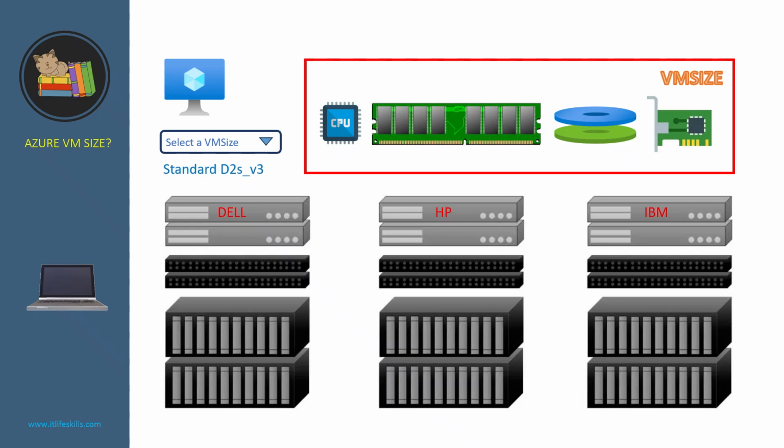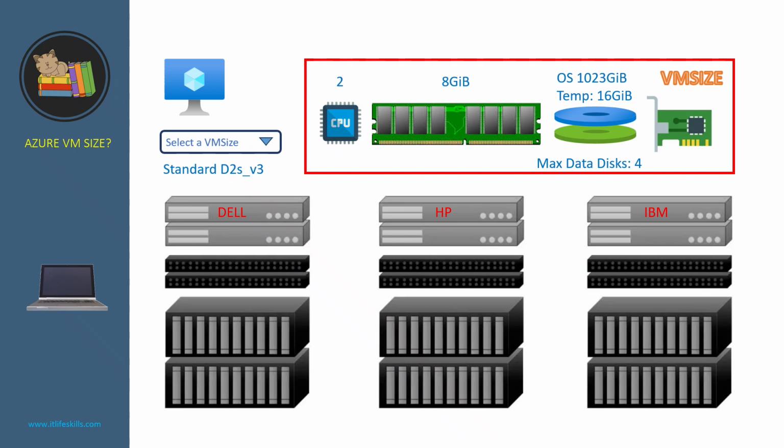D2s_v3, Azure will provision a VM with two virtual CPU cores, 8 GB of virtual memory, and you can set the OS disk size up to 1 TB, and it comes with a temp disk of 16 GB, and you can attach up to 4 data disks.